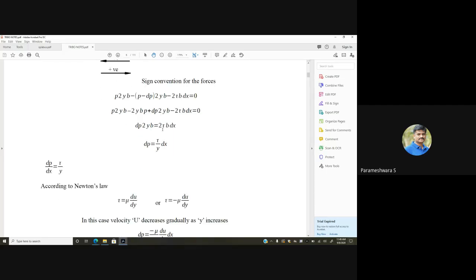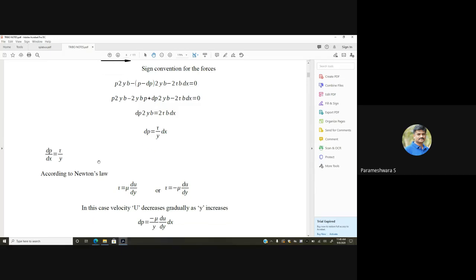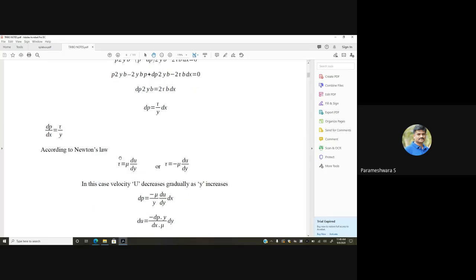Simplifying this equation, I'll get dp is equal to tau over y into dx. Further simplifying, dp by dx is equal to tau over y. We have seen that according to Newton's viscous law, tau is equal to mu into du by dy, or you can introduce a negative sign because the shear stress is induced opposite to the direction of the fluid flow.